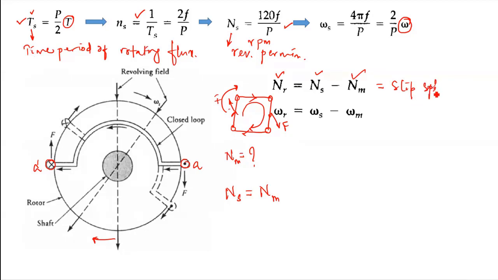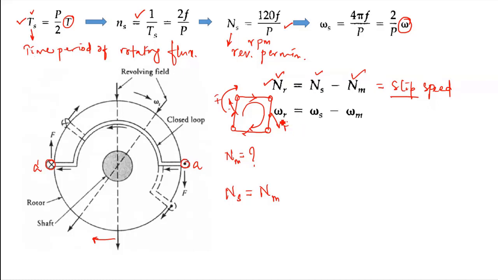Okay, in technical terms we call it slip speed because the rotor is slipping behind the rotating flux by this much speed.